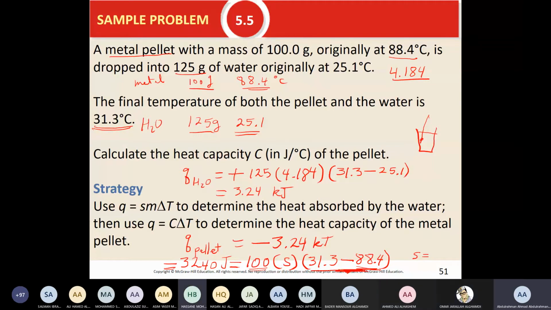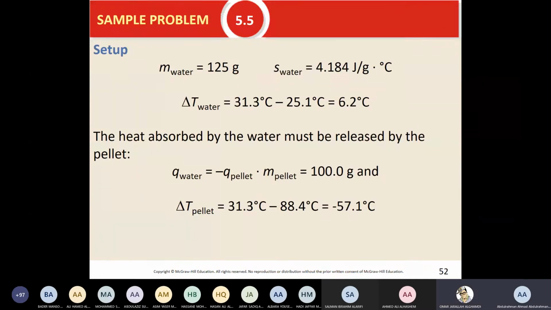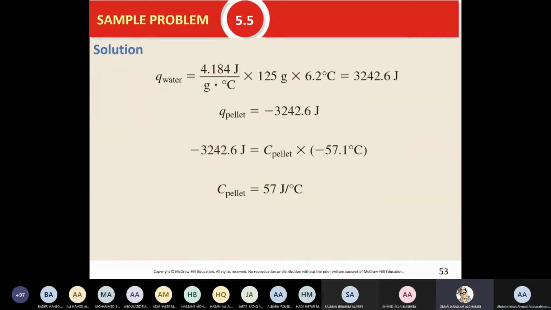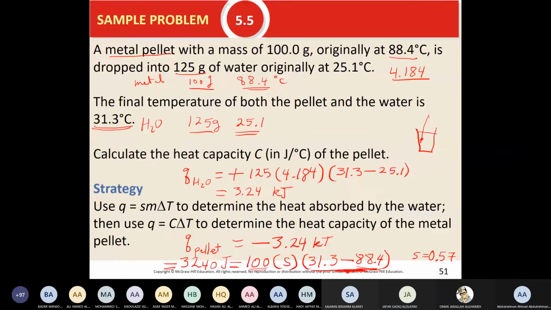It's 0.57. Is this clear how you do these problems? Doctor, I got 57. So it's not 0.57, it's 57.